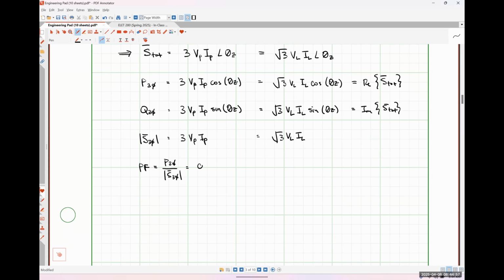And so that's literally just cosine theta Z, regardless of whether we have line quantities or phase quantities. So power factor for a single phase system is literally identical to the power factor in a three-phase system, assuming that we have a balanced load.